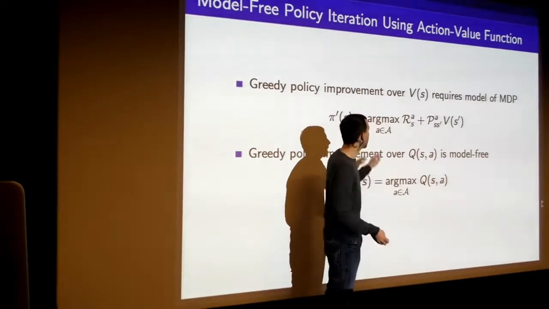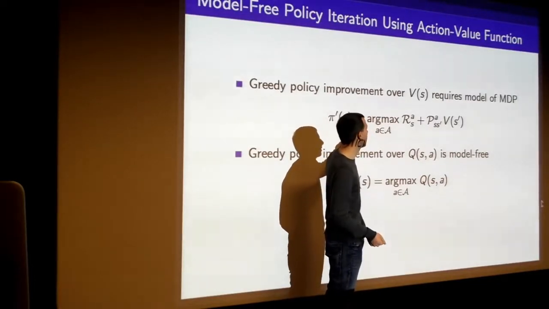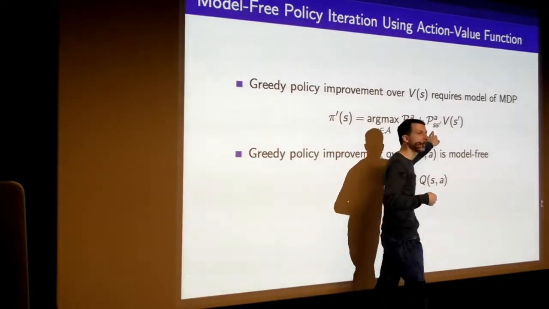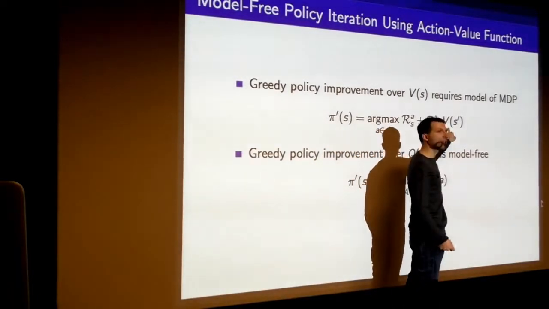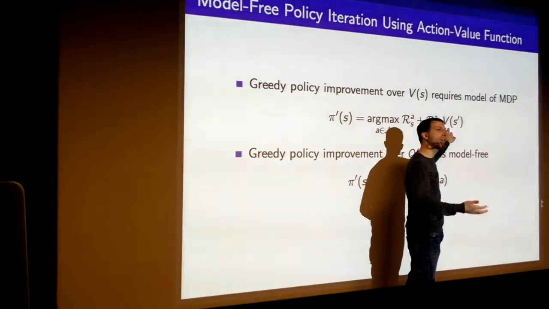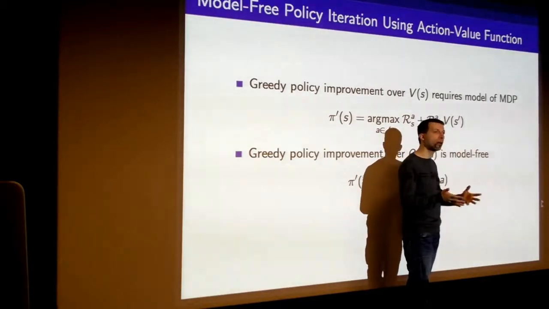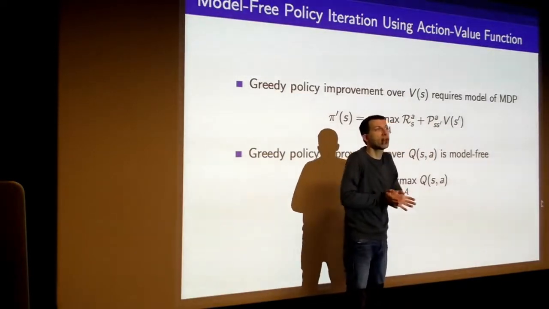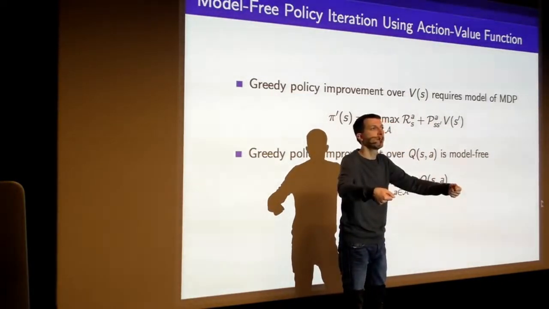So if I'm in some state and I want to know which action is best, I have to imagine what would happen for each possible action. I have to roll forward the dynamics one step to look at the value function of my successor state. We don't know those dynamics. We're trying to be model-free. So if you work with the state value function v, you always need a model in order to do your policy improvement, because you need one step of look ahead to get to your next state.